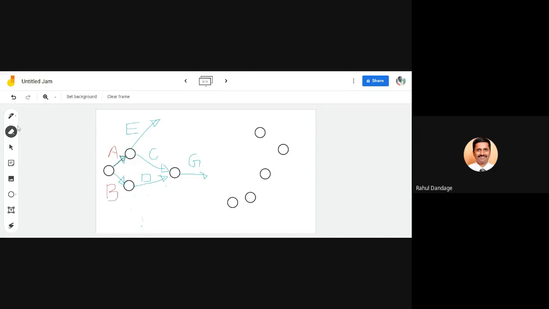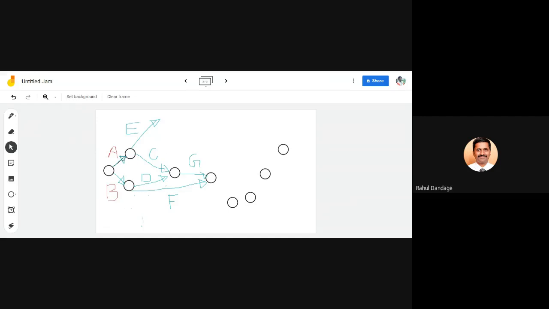And I will go for drawing one arrow from here. This is my F activity. So G and F should be clubbed at one event. Okay. Now moving further. From G and F, what is emerging? It is H.